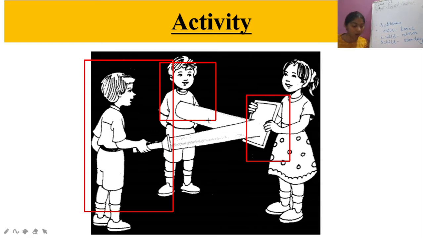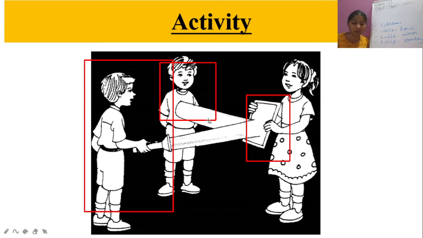So how is it happening? The torch light does not go to that child directly, but goes through the girl, then passes to a boy. Why is it happening? So this is a process, students, where we can see that light can change its direction.